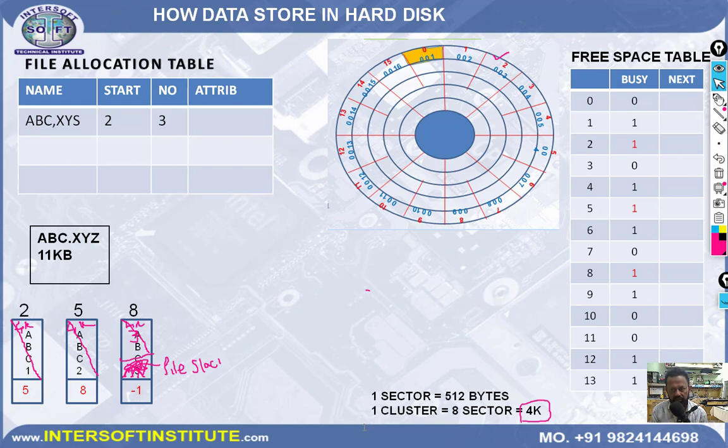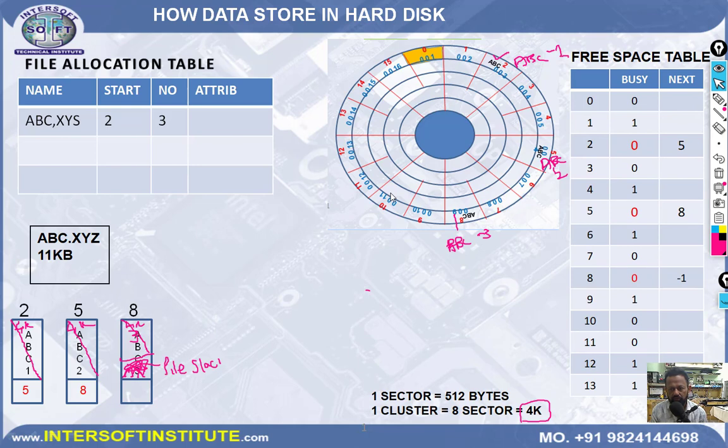So he has started the cluster from 2, ABC part 1 here, second on the 5th, ABC part 2 here, and 8 here is also ABC part 3. It occupies 3 clusters, sorry, not sectors, clusters. So here he will mark 2 as the ABC file.